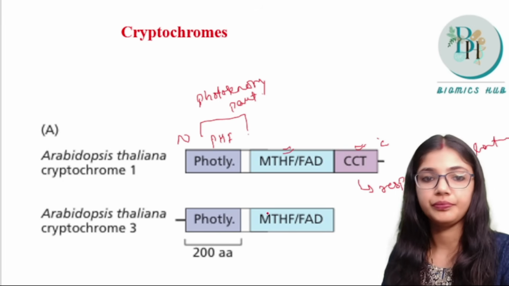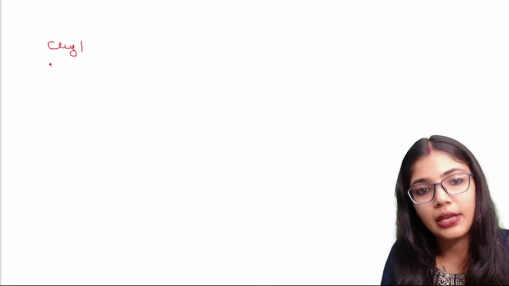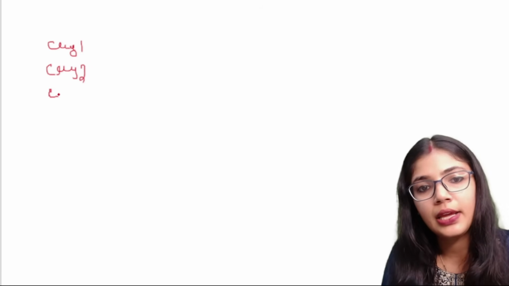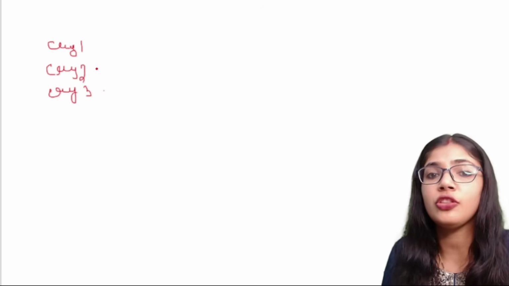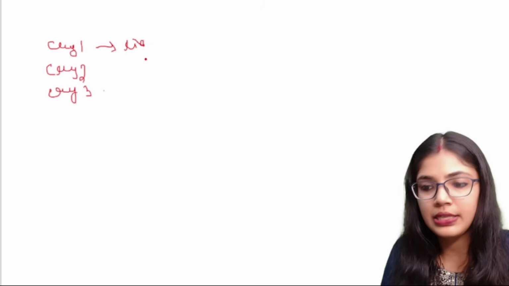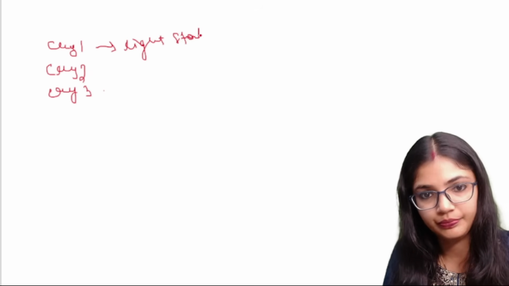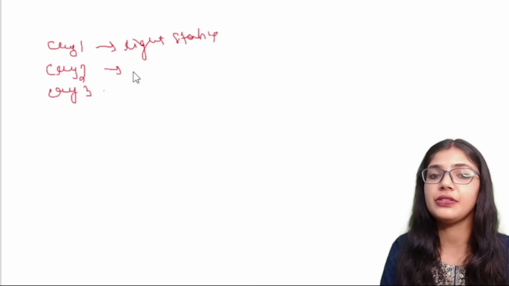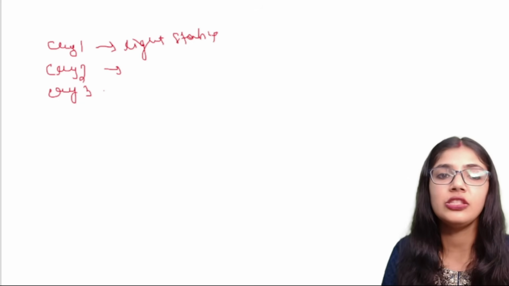When the light is absorbed, there are structural changes in the CCT domain and the response is carried out. In general, there are three types of cryptochromes: Cry1, Cry2 and Cry3. Cry1 is light stable, and Cry2 is light unstable.